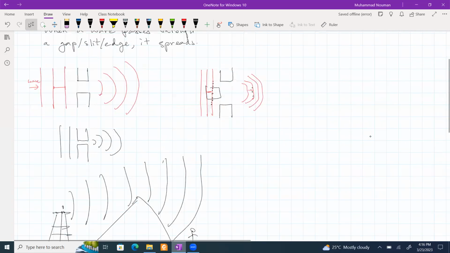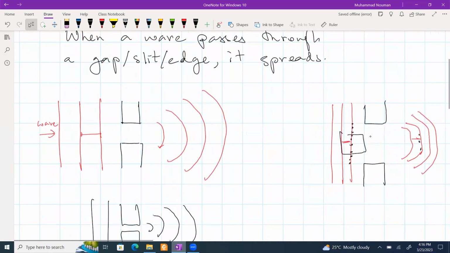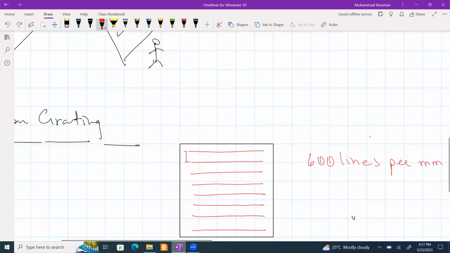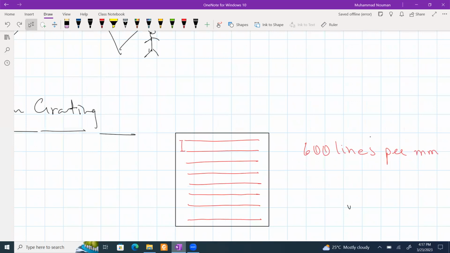Can you see here? Purposely, I drew the first diagram in this way. Can you see the wavelength here, and the size of the gap? They are equal to each other, right? When the size of the gap and the wavelength are equal, diffraction is observed at its best. So the size of the gap must be close to the wavelength of light.